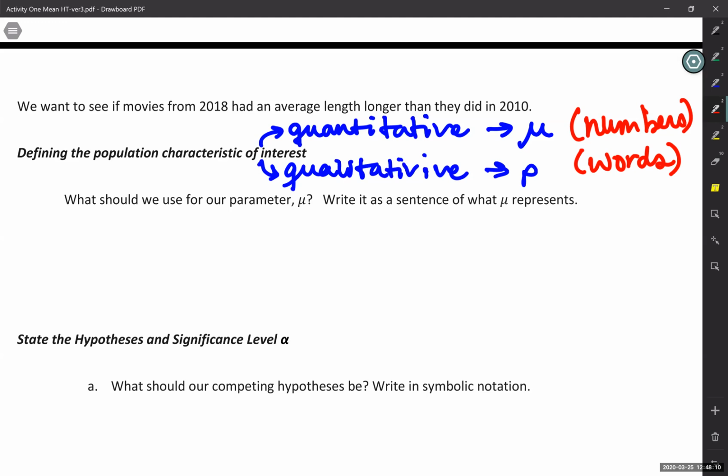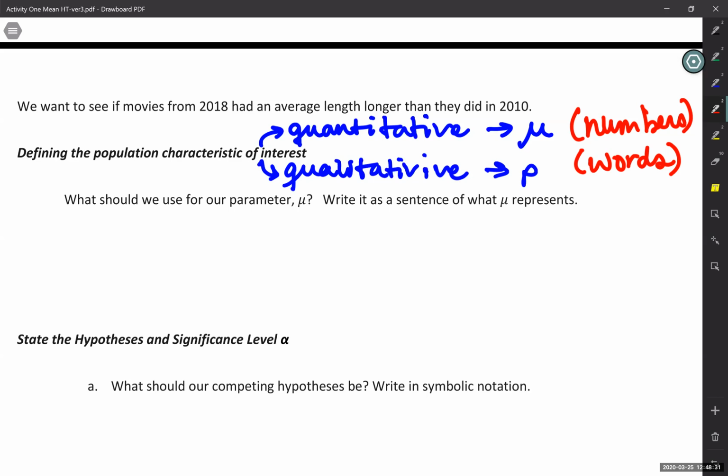I'm just saying the question that's being posed, would it best be answered with a number with units? For example, 86 minutes, that would be mean. Or is it best answered with a word, a yes or no, a black or white, up or down, anytime where you have those two words to answer.